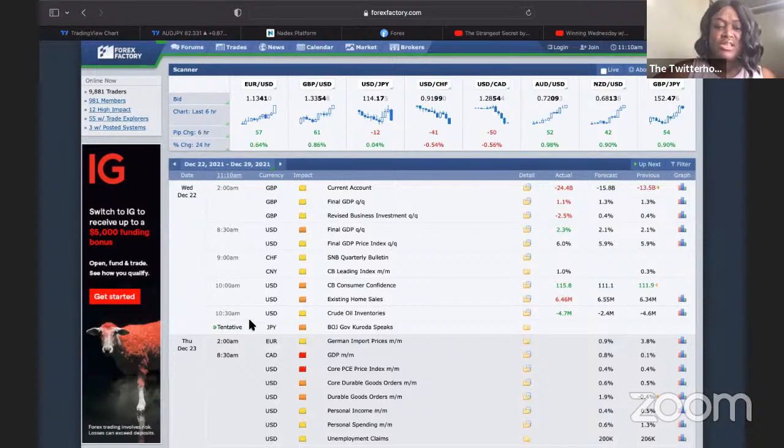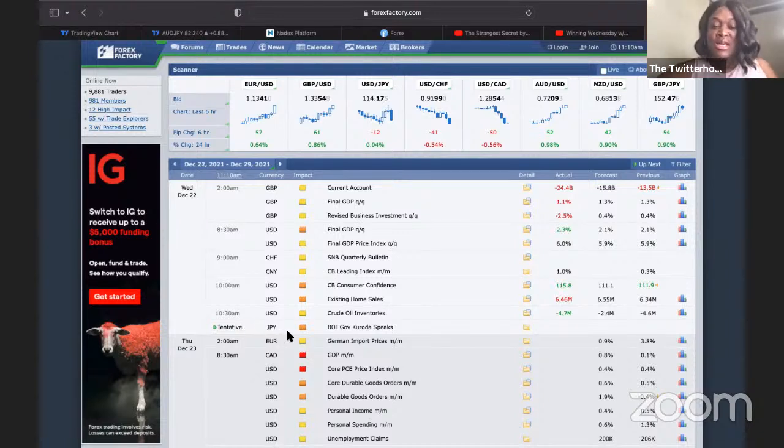So what do these folders mean? Well, the folders represent the level of impact. The yellow folder is low impact, the orange folder is medium impact, and the red folder is high impact. So if it was 11 o'clock now and we had a red folder on the Japanese yen, we see tentative, so at some point the Japanese yen may go crazy.